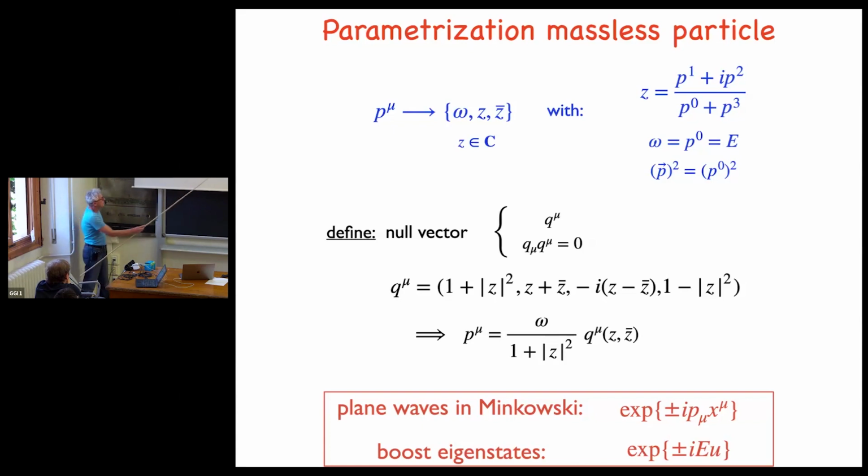But when you transform, you insert this p, and then for x you insert this coordinate transformation, which leads you to the Bondi coordinates. You come to these so-called boost eigenstates, which of course are no longer transforming nicely under translation symmetry. So translation symmetry will play a different role in the celestial approach.